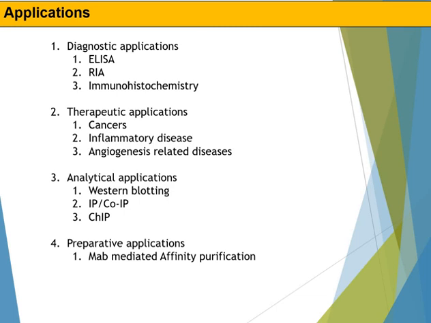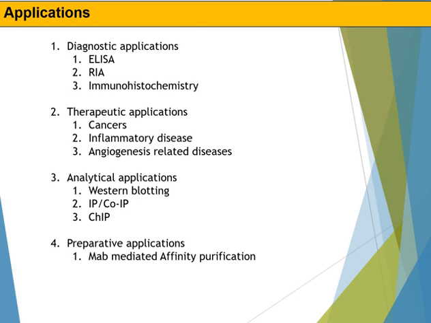Then therapeutic applications, because in cancers there are different growth factors. If you block those growth factors or their interaction with their receptors, we can possibly inhibit the growth of cancer cells. You must have heard about Herceptin. That was a monoclonal antibody directed against the HER2 receptor in breast cancer. There is actually a whole list of such therapeutic monoclonal antibodies now, being used in different cancers.